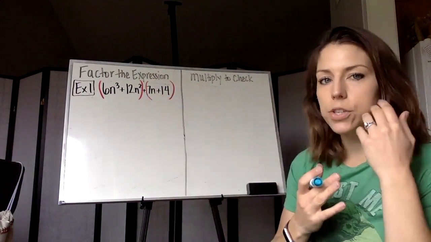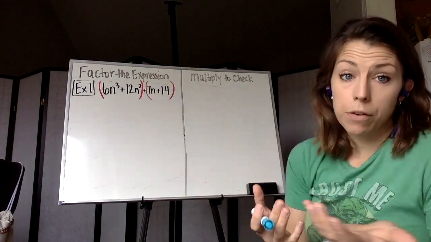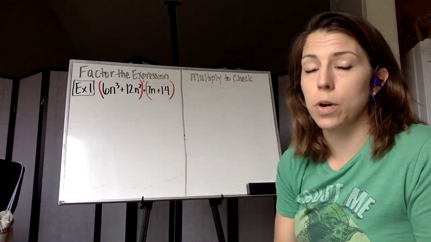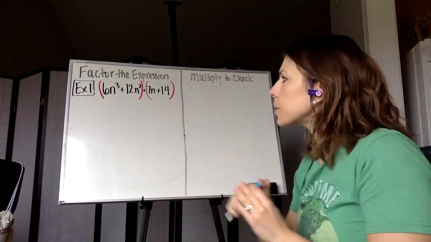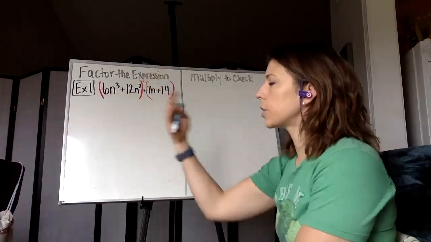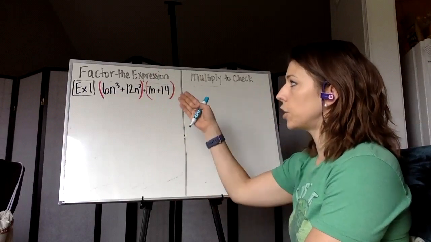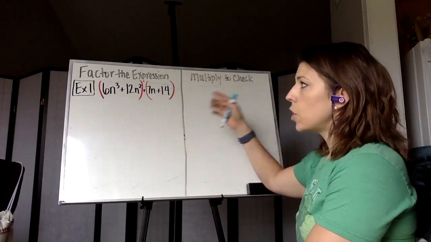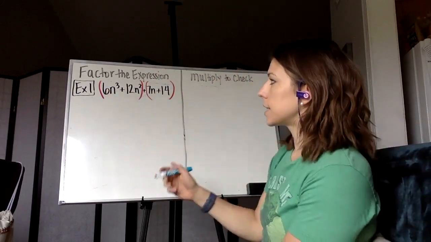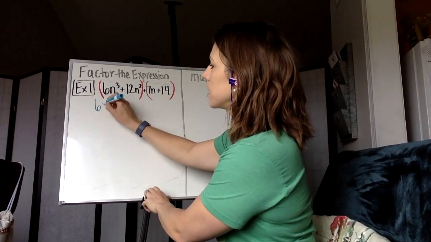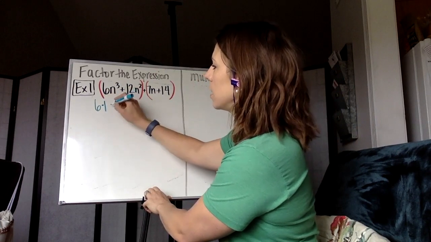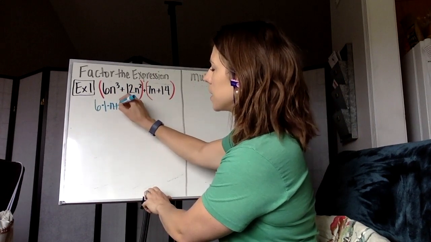Well, if you rewind to earlier in this video, we were factoring binomials in examples 1 and 2 in part 1. You do it with GCF factoring. So you look at the first binomial and you go, what's the greatest common factor of 6n cubed and 12n squared? Well, I know 6 goes into 6 and 12, so I'm going to start with that. 6 is 6 times 1, and then n times n times n.